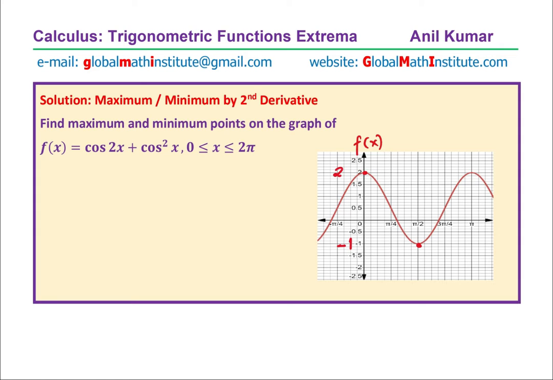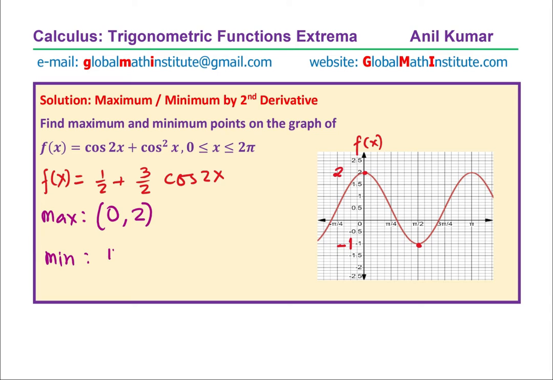So from our result, once again, we first identified that this should be written in 2x form. So we got this as half plus 3 by 2 cos 2x. And for this particular function, we have maximum values at 0, and at 0 the value is 2. And then we have a minimum value at pi by 2, which is minus 1.